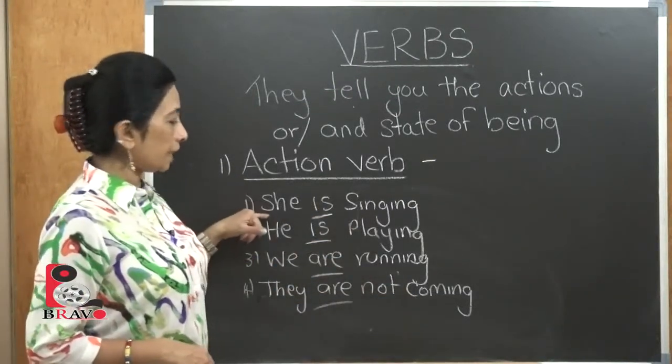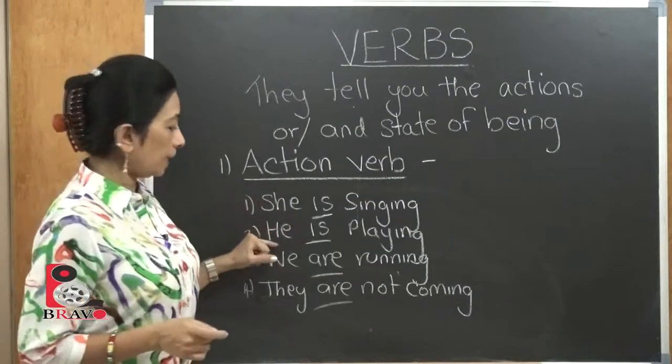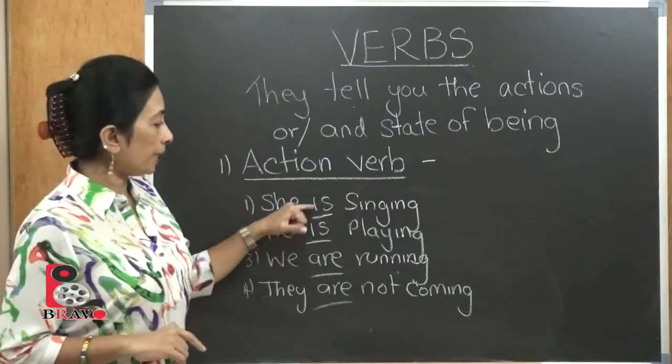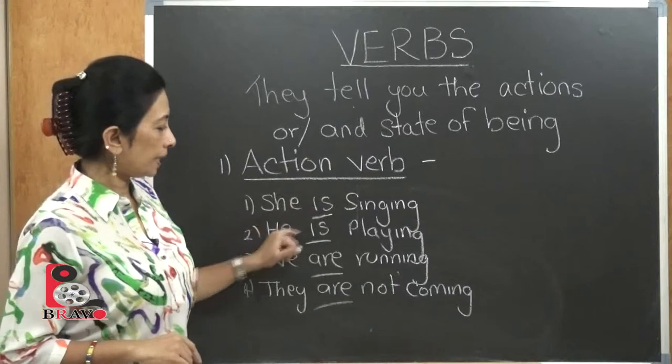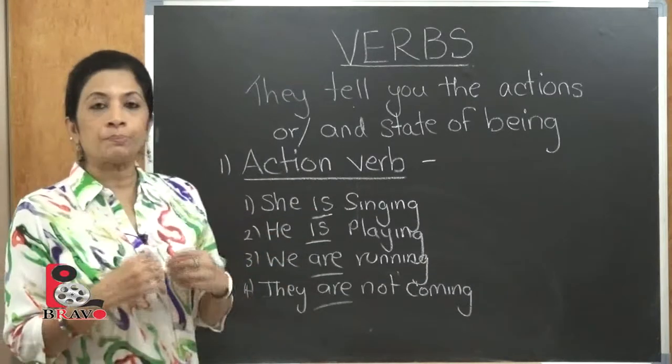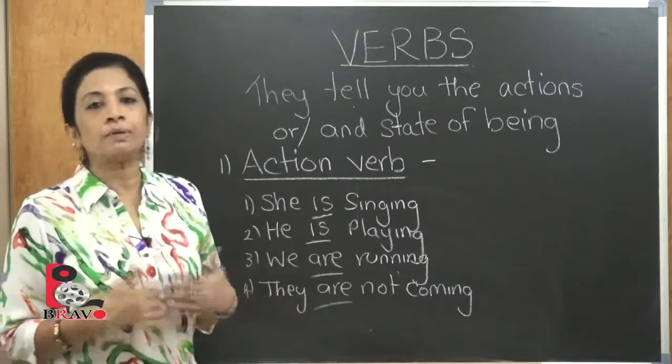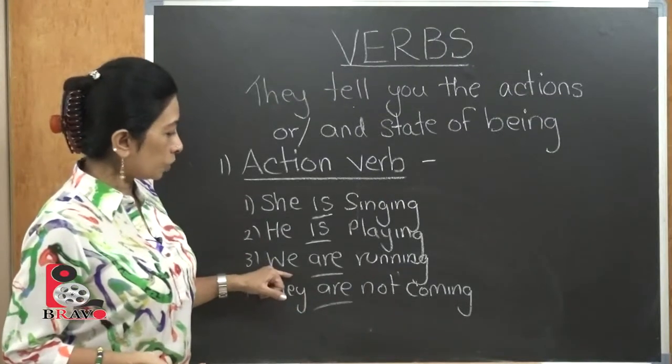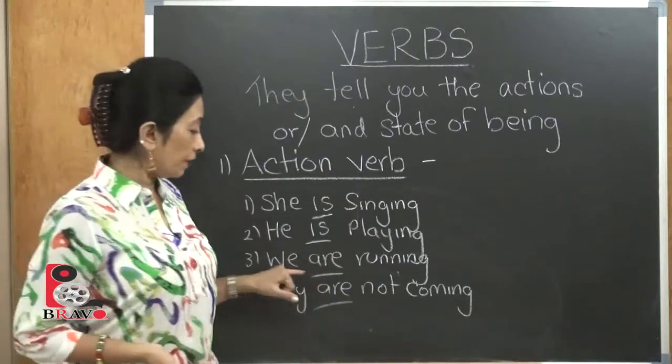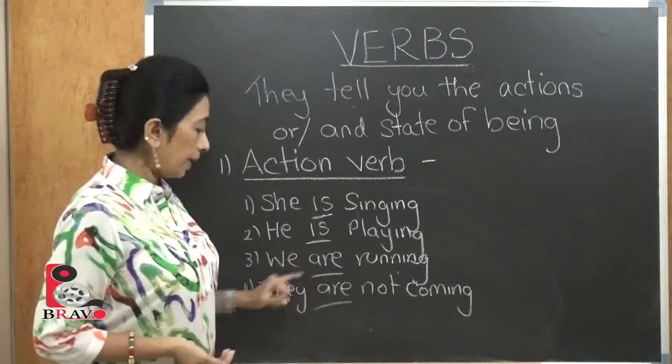Now she is one person, he is one person, so it will be she is, he is. The moment it becomes plural, with more than one person, you would not say we is, it will be we are, they are.